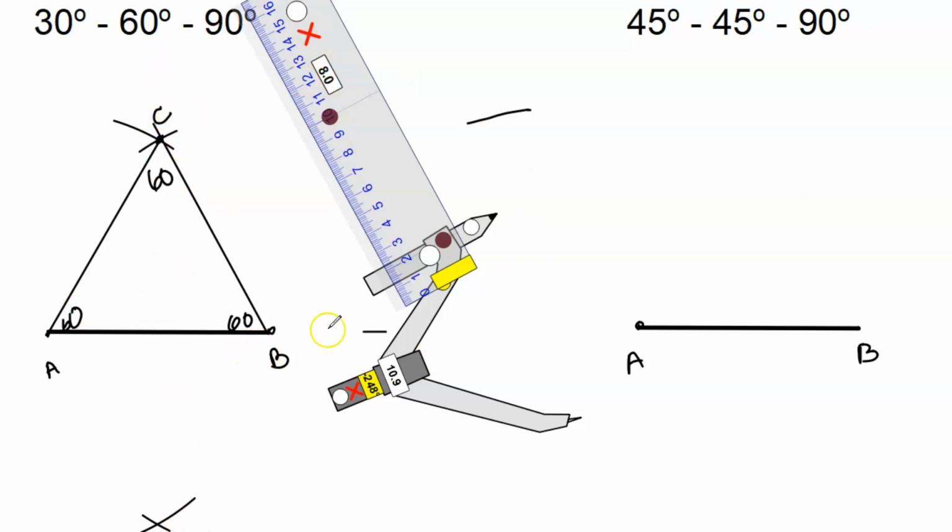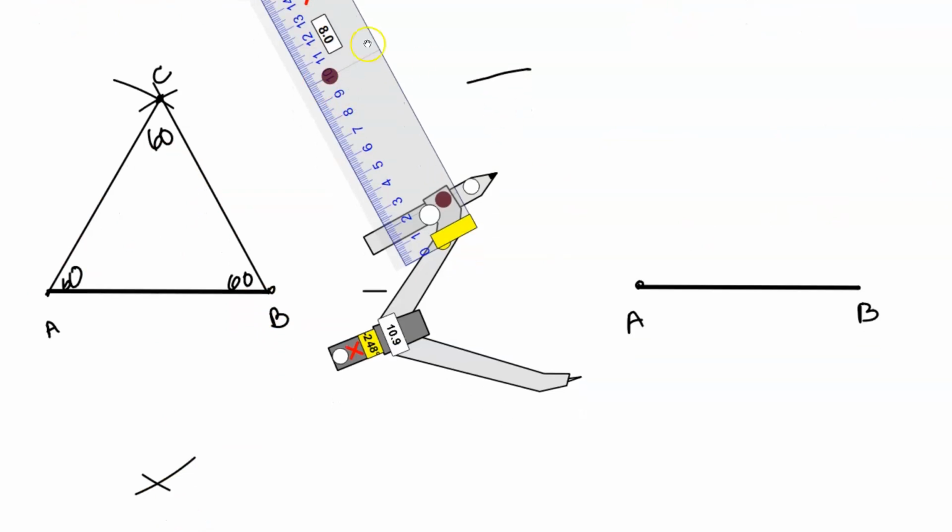Well, what we did when we made those intersecting arc measures on the top and the bottom of segment AB is we created what's called the perpendicular bisector.